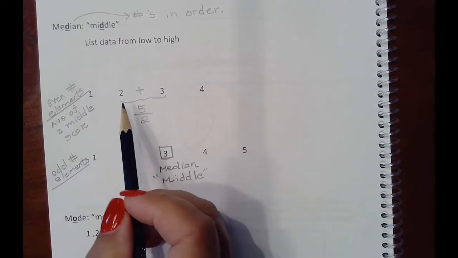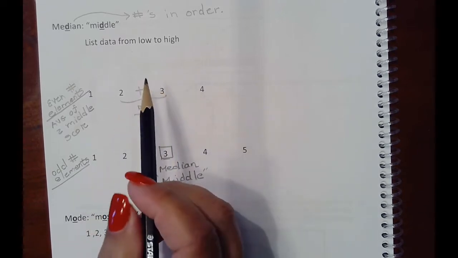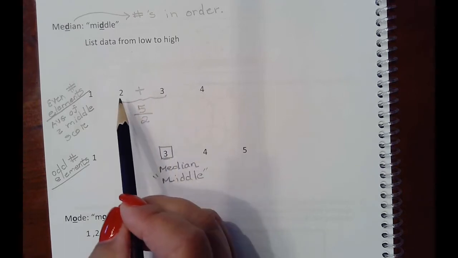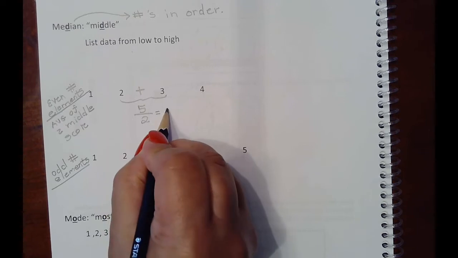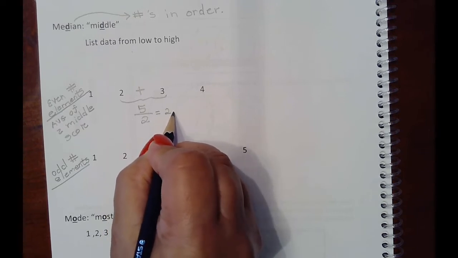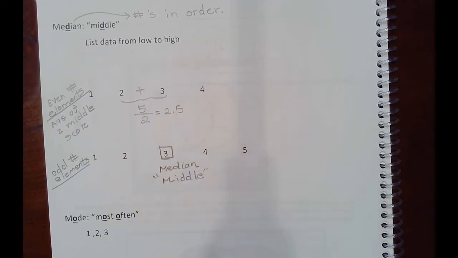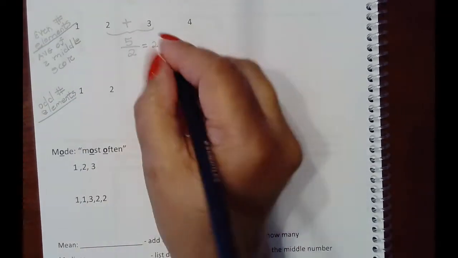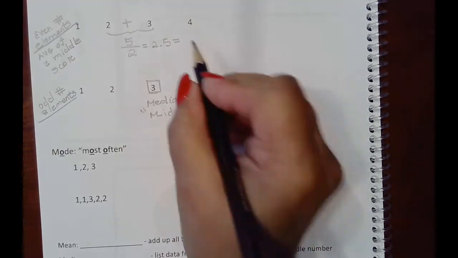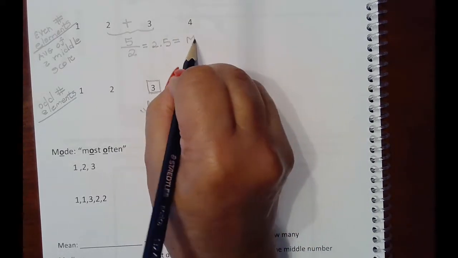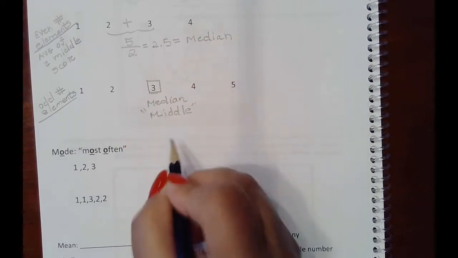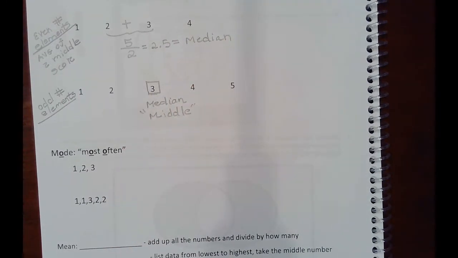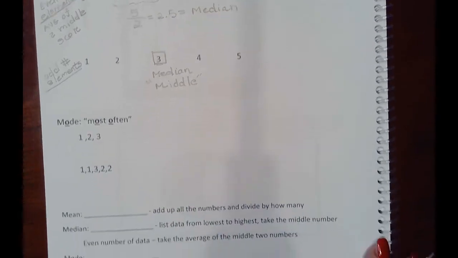Whenever you're finding a mean of 2 or more scores, you add them all up and then divide by how many you just added together. There were 2 scores here, so this came out to be 2.5. Okay, then as I said before, for the bottom set, the median was 3. So this represents the median for this set. This represents the median for the second set. Again, the median is just the middle score.